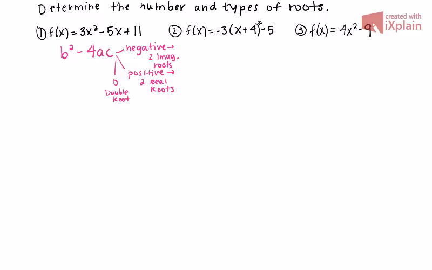So, looking here at number 1, I'm going to first go ahead and just identify my a, b, and c values. So my a value for this problem is 3, my b value is negative 5, and my c value is 11.